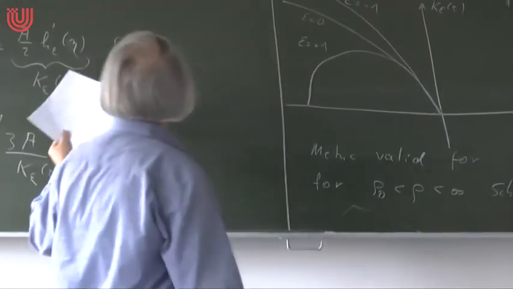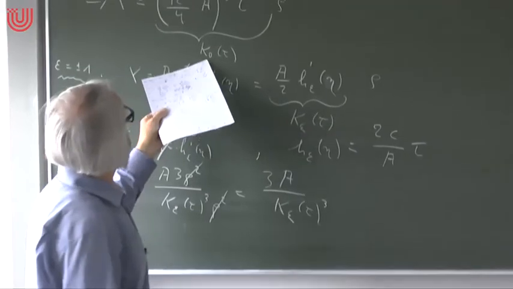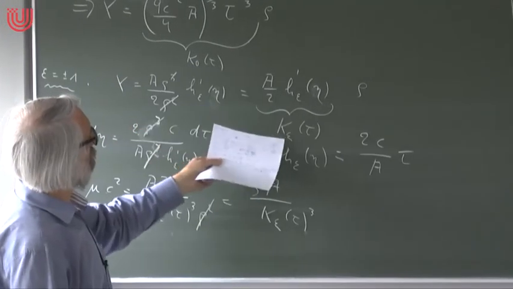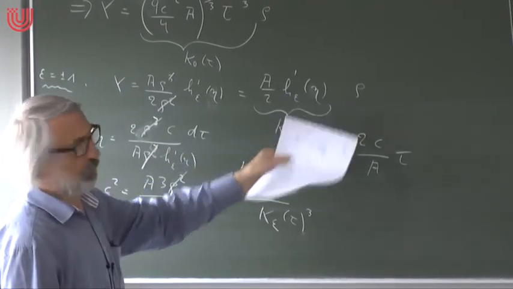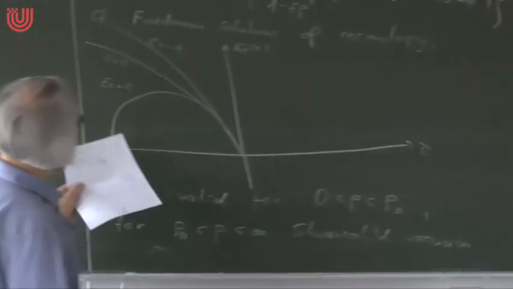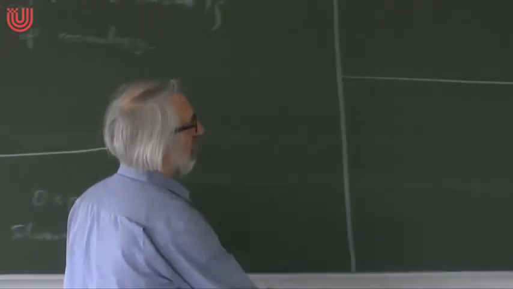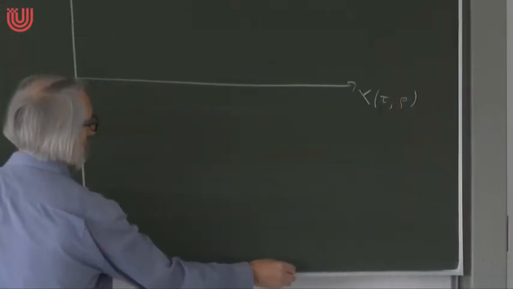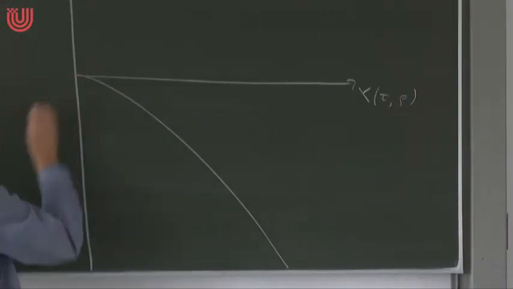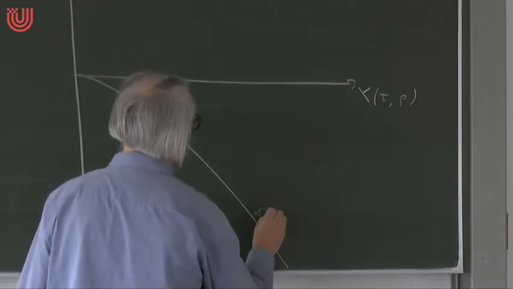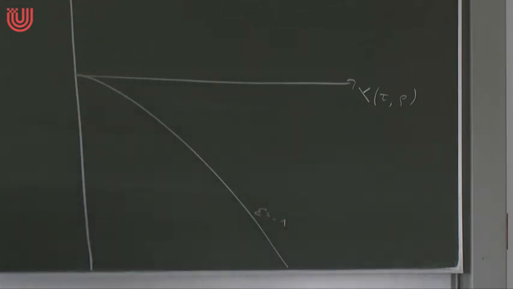And what was the y? Well, the y was the time dependent factor k epsilon of tau times rho. So if I plot this, then the plots look very similar to these curves here. So the surface of the star would be, in one case, this here. This would be the surface of the star for epsilon equal minus 1.